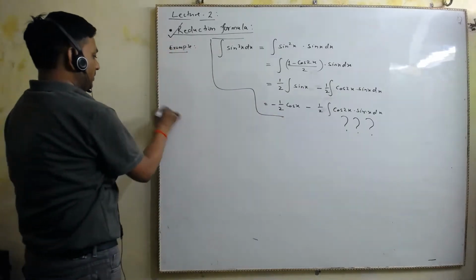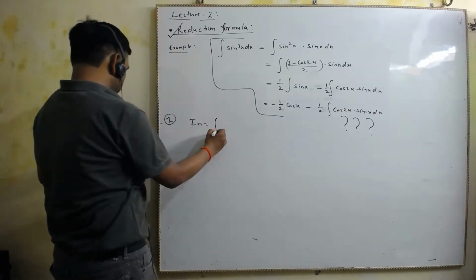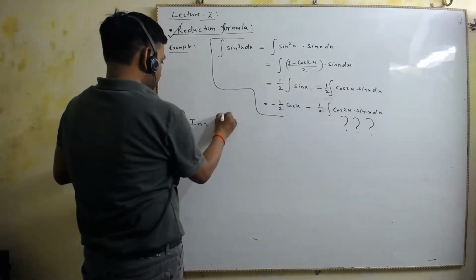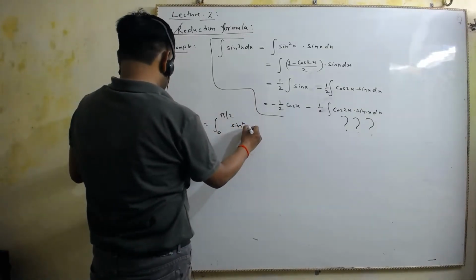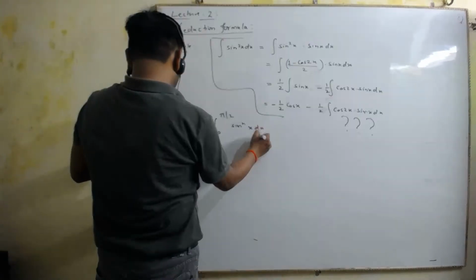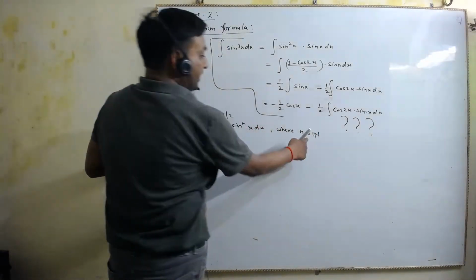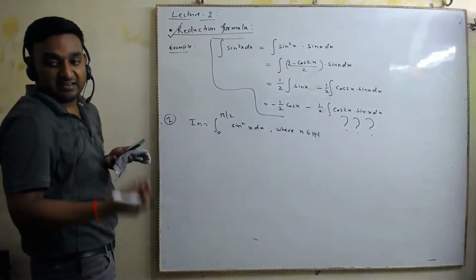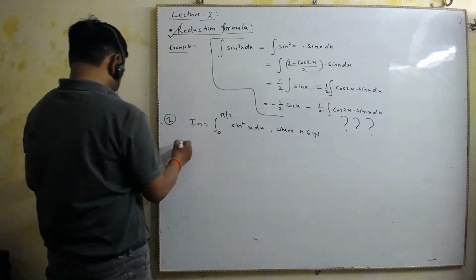Let's see, so number one is I_n equals, let's say if you want to calculate the integral from 0 to pi by 2 of sin^n x dx, where n is some natural number, means n is running from 1 to 3 onwards, right? Check.